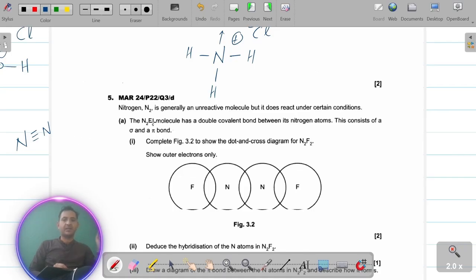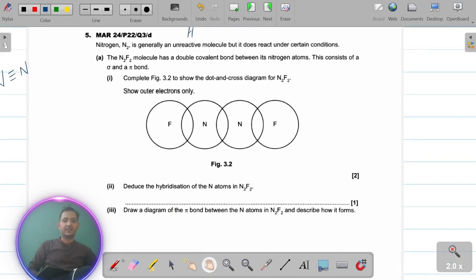Okay, the N2F2 molecule has a double covalent bond between its nitrogen atoms. So he is telling us that between nitrogen and nitrogen there is a double bond, and between nitrogen and fluorine there is a single bond.